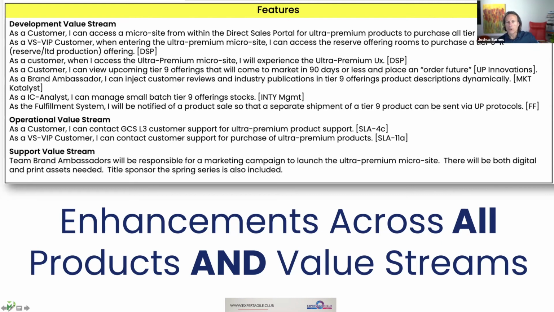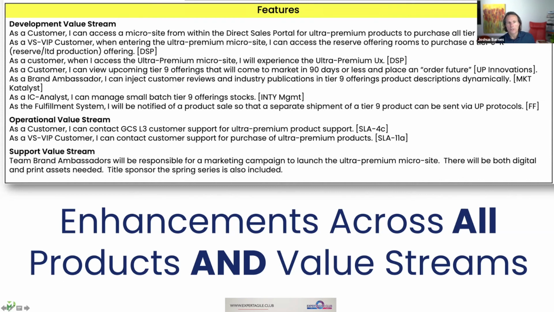So additional supporting information. But what I want to focus on here is we've got feature level requirements in our products, as well as things that need to happen from the operational and the support value stream. So again, the bottom one, the team brand ambassadors, right? So this was a team in the marketing area responsible for the release of this microsite.